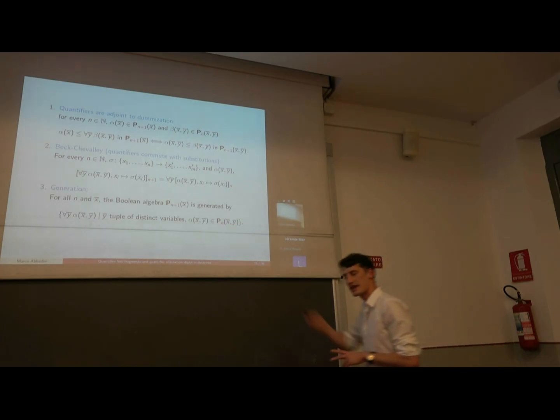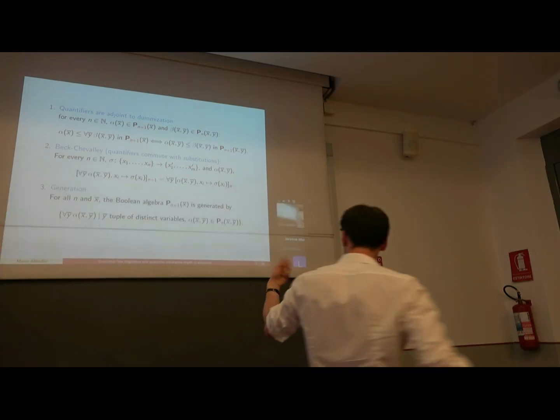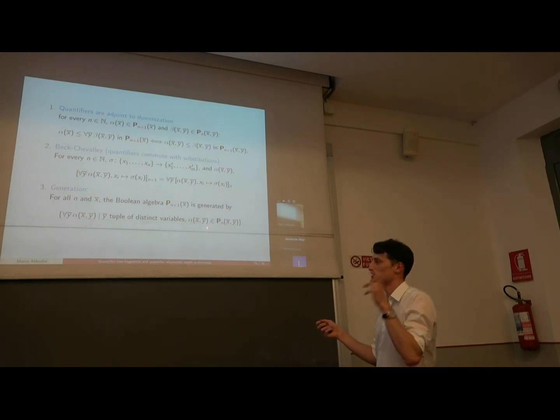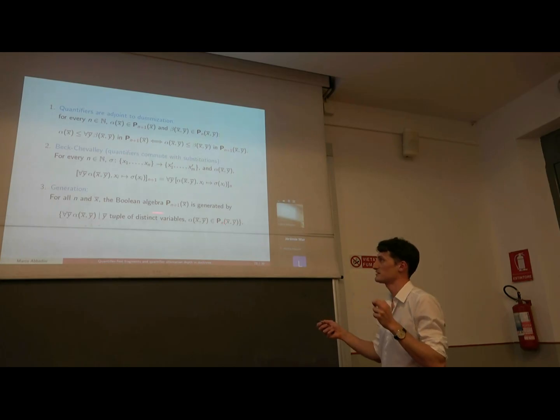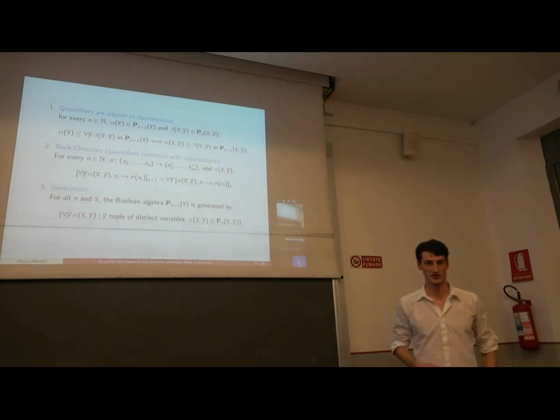And then one last condition is that Pn plus 1 contains just those formulas that arrive from Pn. So Pn plus 1 of x is generated by taking all formulas with quantifier alternation depth less than or equal to n, quantifying them, and then taking the Boolean combinations of these.